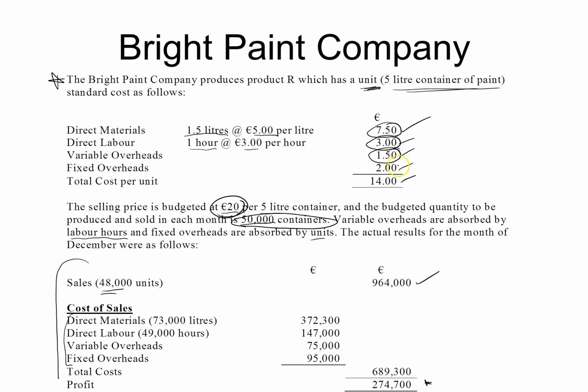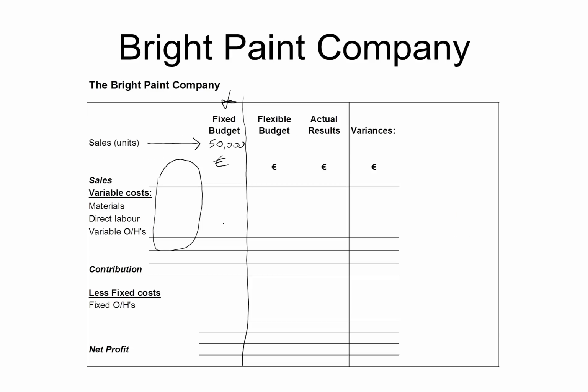The fixed overheads, well, they're not really unit costs, they're more period costs, so it's just absorbed at that rate. So we'll ignore that for the moment and we'll come back to it. But these 3 figures here, plus the selling price per unit, are the figures we're interested in. So we'll pop them in here.